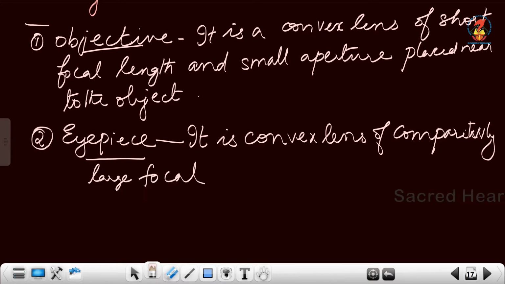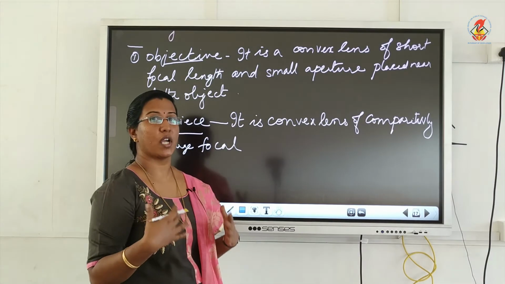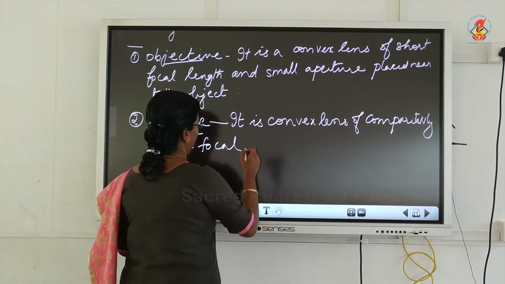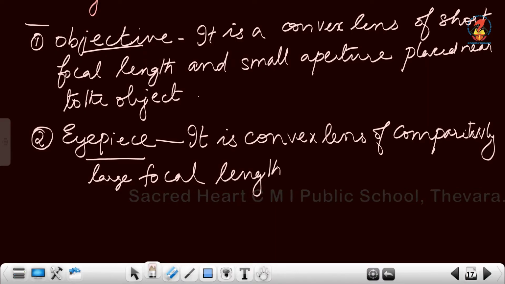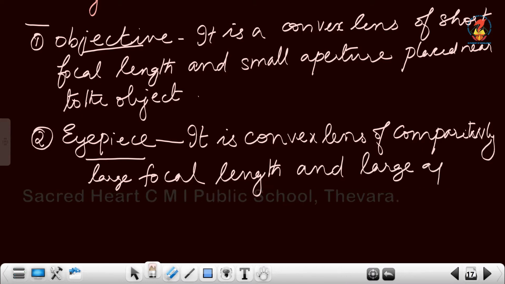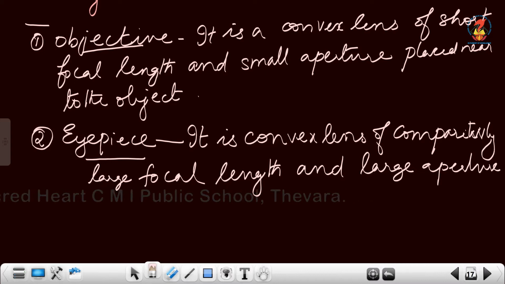Comparatively large means it is not a very high value, but when compared to the objective, the focal length of the eyepiece is little more, of large focal length and large aperture that is placed near to the eye.